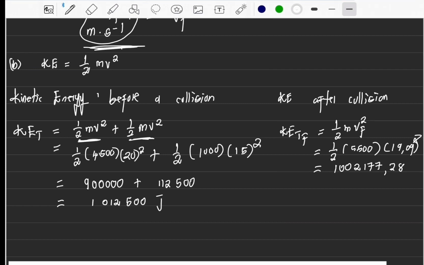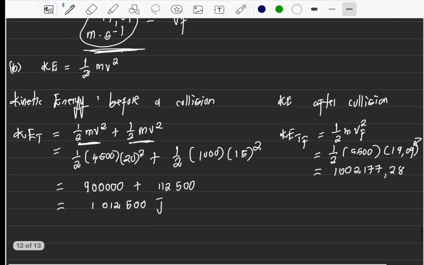Remember to always round off your answers to 2 decimal places. So you're going to have a kinetic energy of that much.